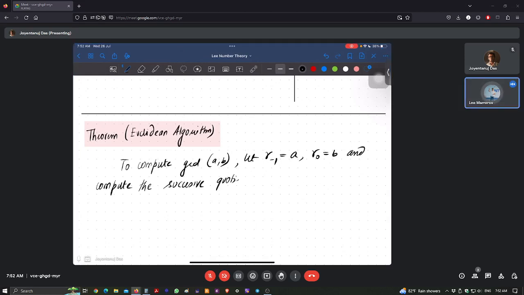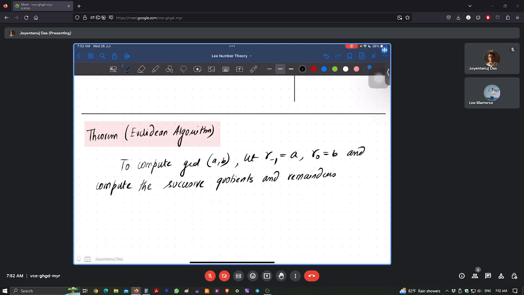What does it say, equal to r minus 1? Yes, I will explain what you're doing. So on quotients and remainders, we compute r_{i-1} equals q_{i+1} times r_i plus r_{i+1}.